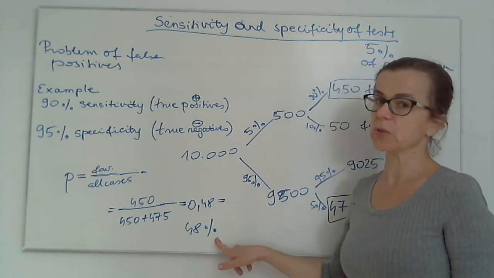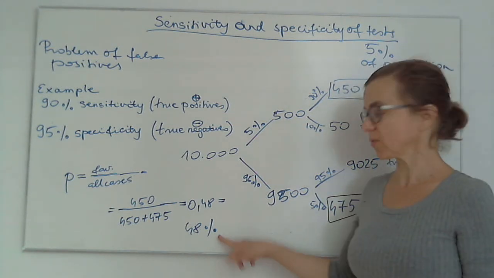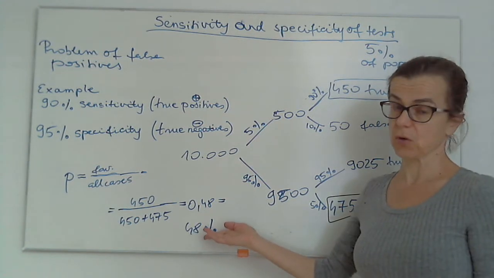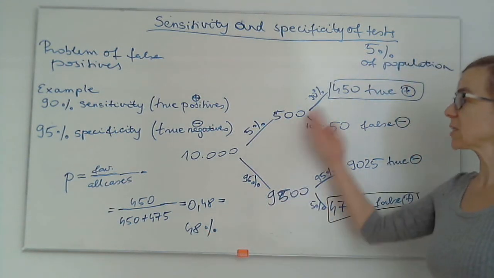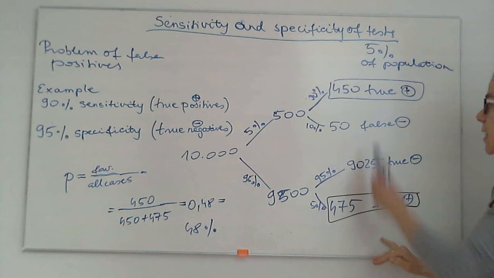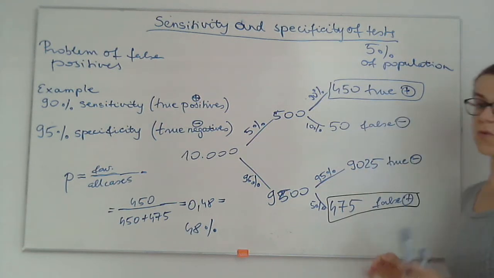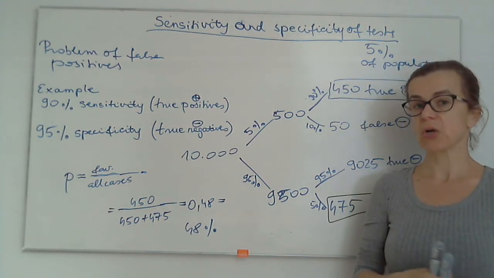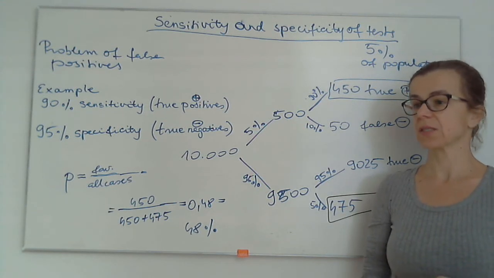So you don't want to risk being diagnosed positive with a 50% chance of being correct with your diagnosis. So this nicely shows that the number of true positives and false positives are very important indicators of how seriously you can take the results of these tests.